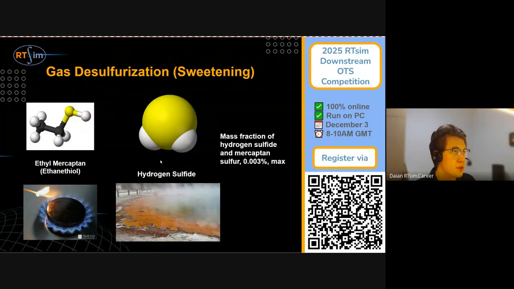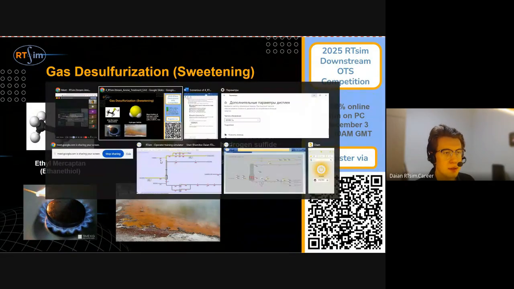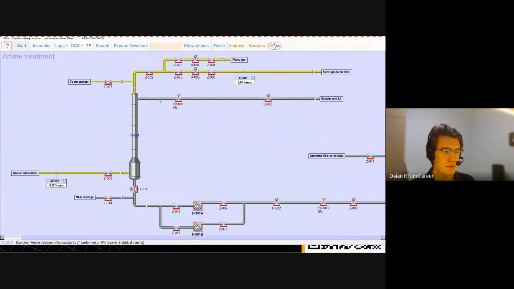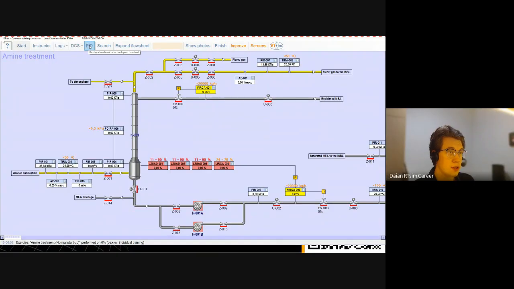About impurities in hydrocarbon gas, I think you know. First of all, let's look at our amine treatment unit simulator. To make our workspace more convenient, I suggest you use the mouse to manipulate and adjust parameters.